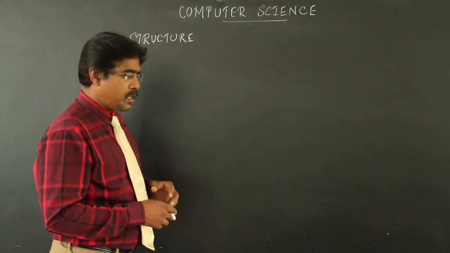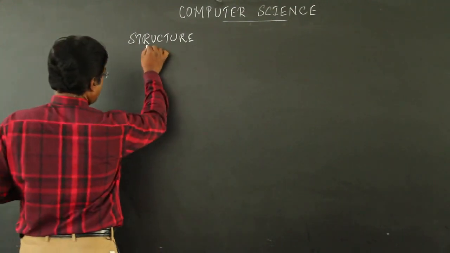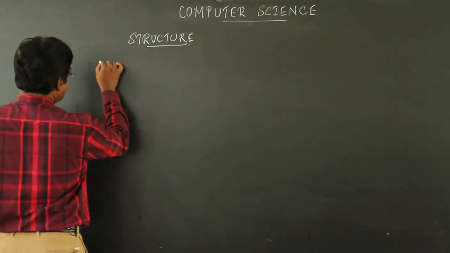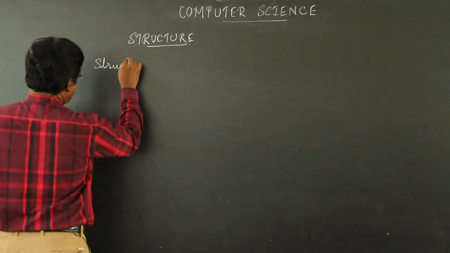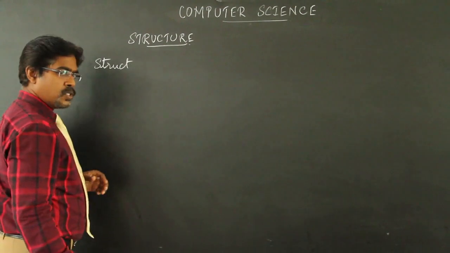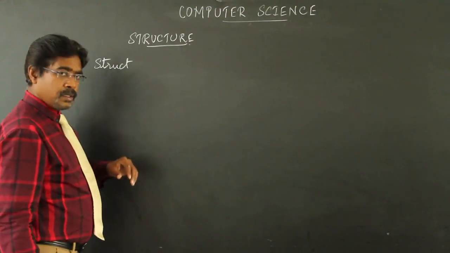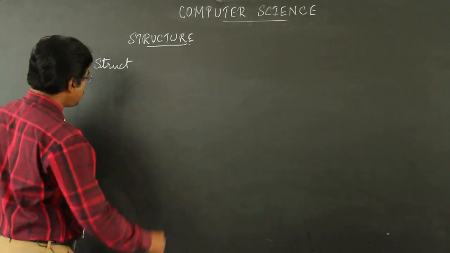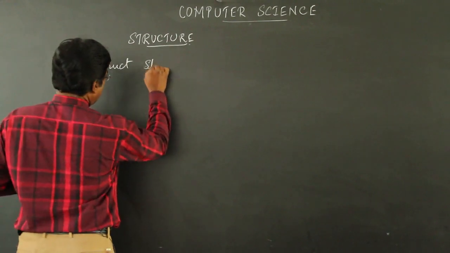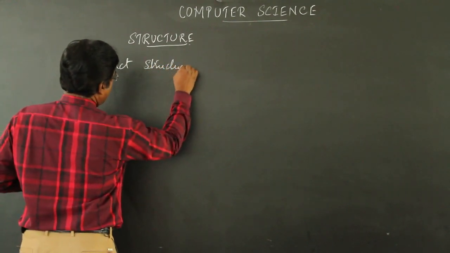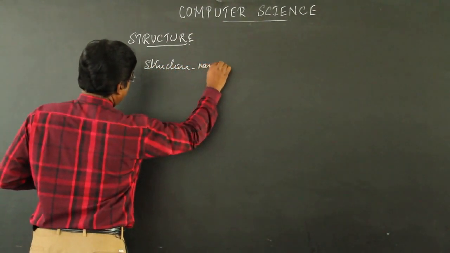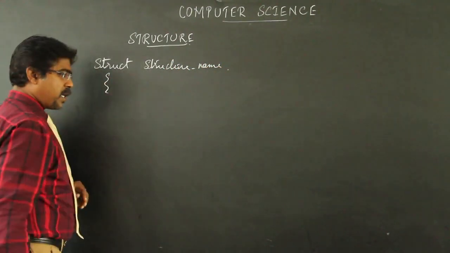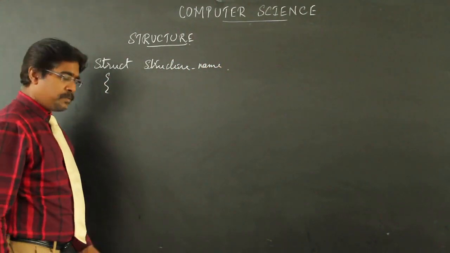as members. So the syntax for this structure will be: struct is the keyword which we'll be using to say we are going to have the definitions of members. Then there is a structure name. After that, we have an opening of flower bracket. Here we are going to define the members.